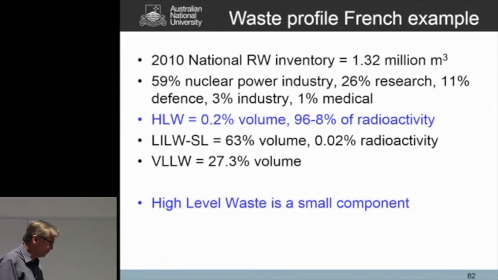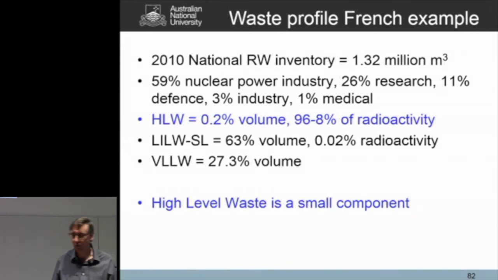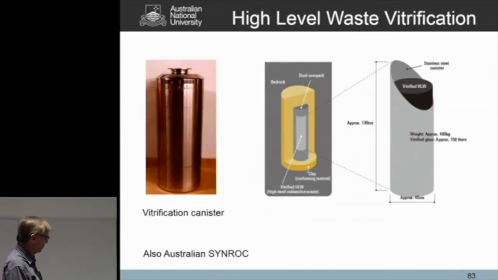In France, they do reprocess. There's a whole lot of numbers here. I'll just point out that the high-level waste in the end, which has 96 to 98% of the radioactivity, ends up being 0.2% of the volume. So your very high-level radioactive waste with the reprocessing can be reduced to a small volume.